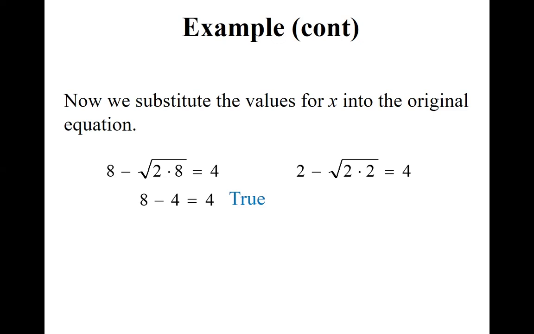That's 2 times 2, 4. Square root of 4 is 2. 2 minus 2 is 0. 0 does not equal 4. This is a false statement. So the 2 doesn't check, but the 8 checks. The solution is x equals 8. So this was presented as a radical equation, but we actually needed to solve it using quadratic methods by using factoring.